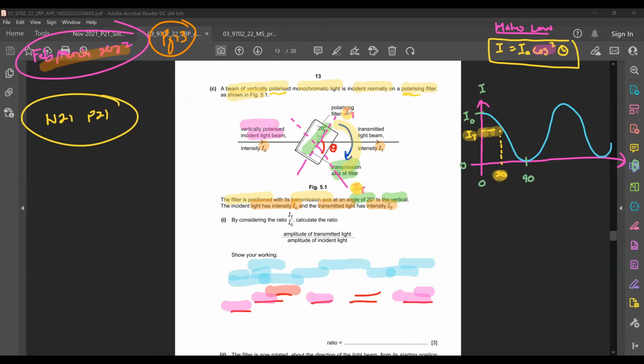So from here, you can see that if you are trying to get back the same intensity, if you extrapolate the graph, the new angle would be right over here, okay? So I mentioned to you, if this one is 20 degrees, this one by right would be 70 degrees.